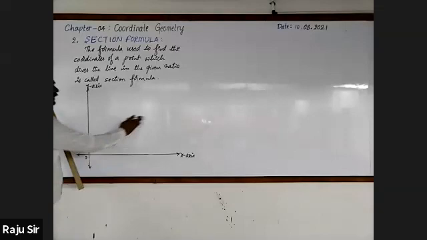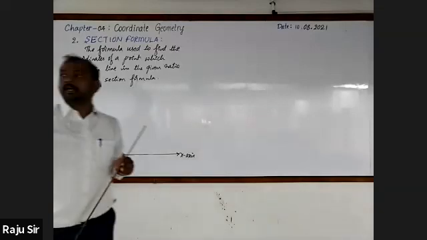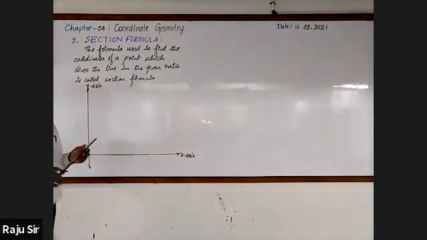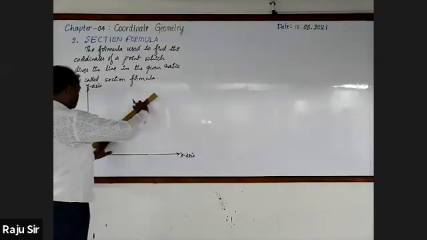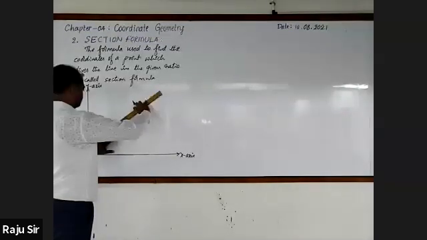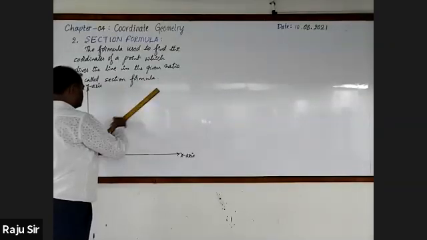Now, let us take 2 points, as I said, A and B, with their coordinates x1, y1 and x2, y2. Assume that we will join those two, so I'll draw the line directly, like this.